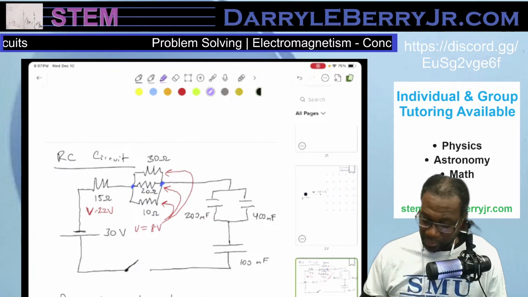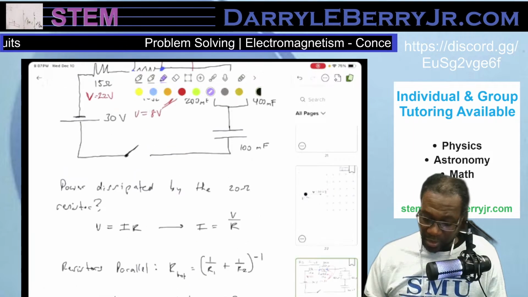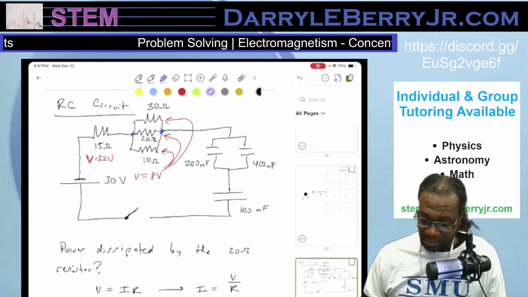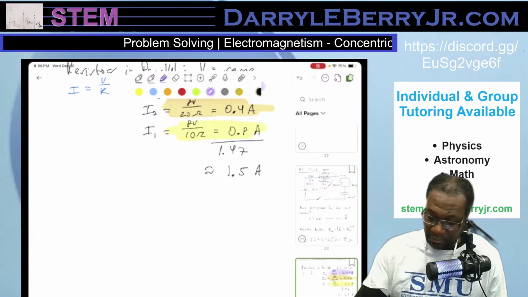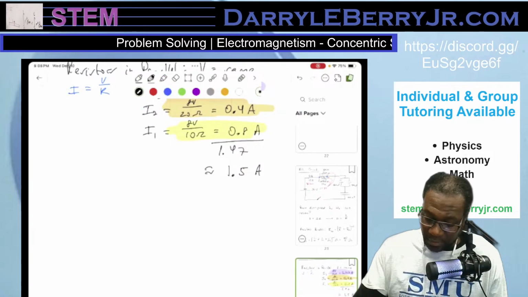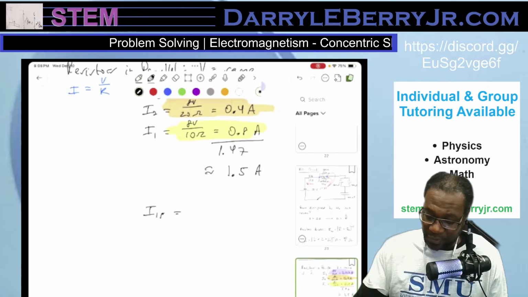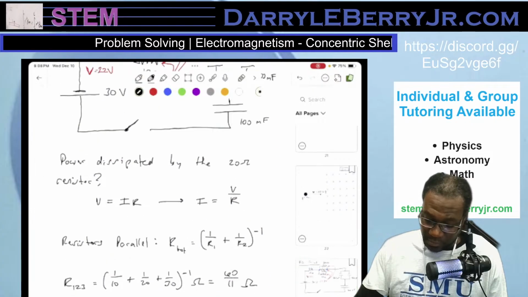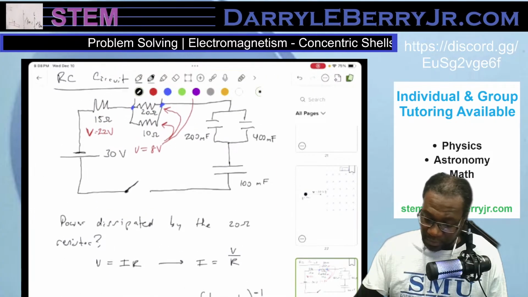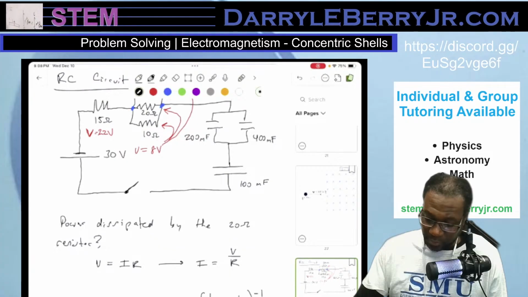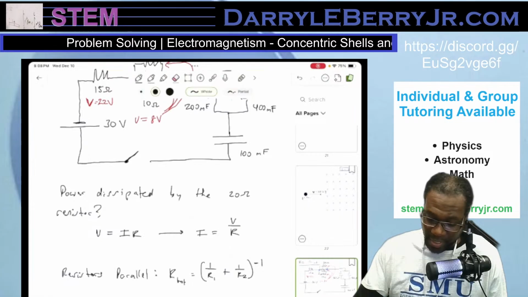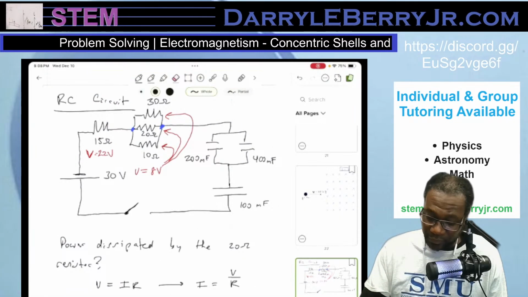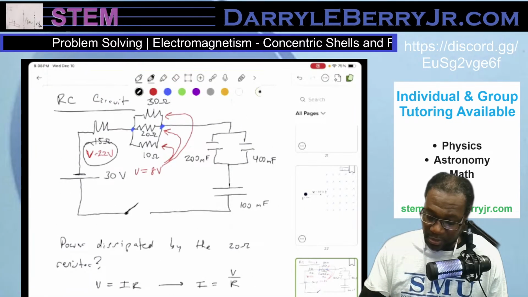And we'll do one more test. It should work out that the current going through the 15 ohm one is just 1.5. So we'll say I15 equals 8 volts divided by 15. Oh, no, 22 volts. Hold on, I calculated earlier that the voltage across the resistors changes.